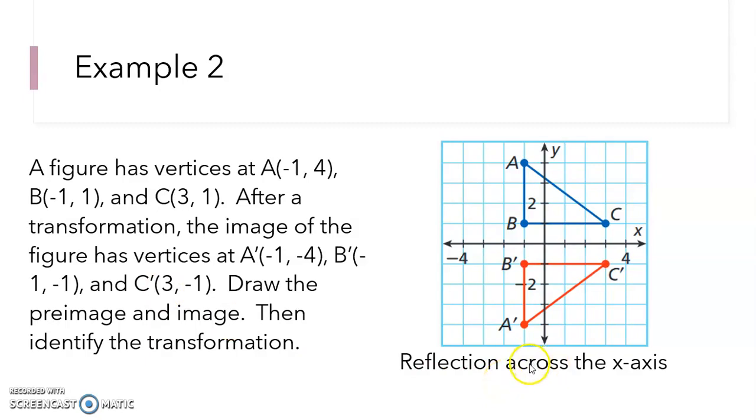This one's a reflection across the x-axis, because again, notice how this blue triangle is flipped down to the red triangle. B was one step away from the axis, and B prime is one more step. A took 1, 2, 3, 4 steps, and then I went 1, 2, 3, 4 steps again to get to A prime. Okay, so this is definitely a reflection.